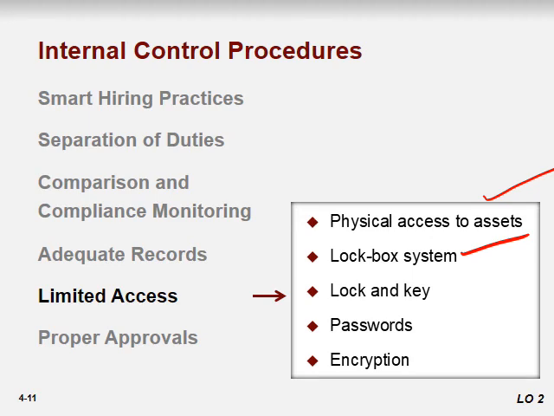All manual records for the business should be protected by lock and key, and the electronic ones should be protected by password, so only authorized persons should access them. And electronic data files should be encrypted, which means processed through a special coding to prevent their recognition if accessed by a hacker or other unauthorized person.